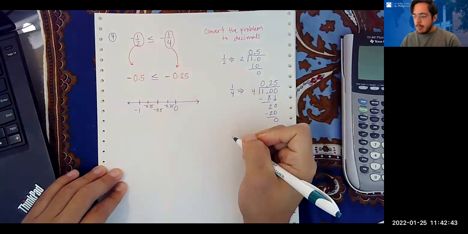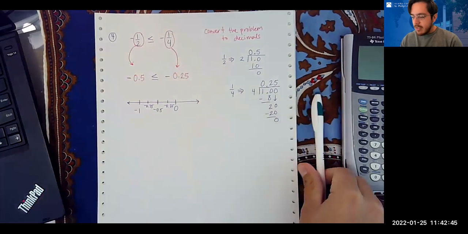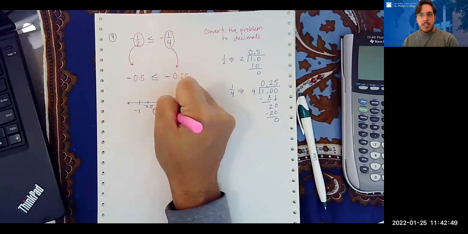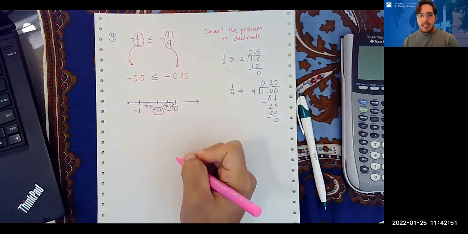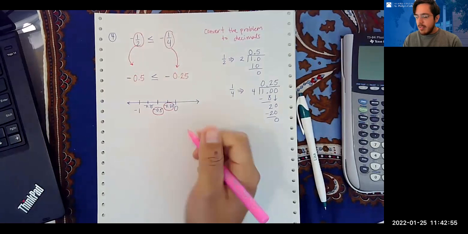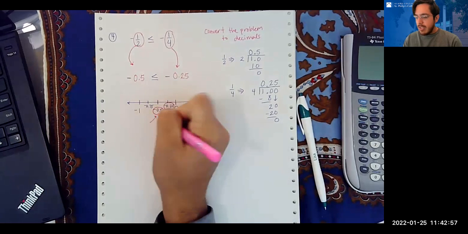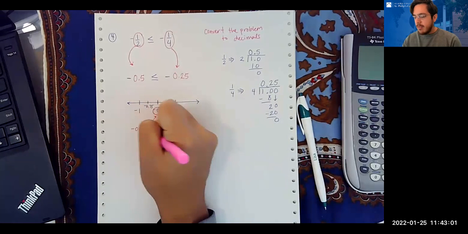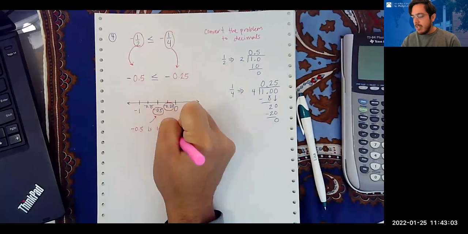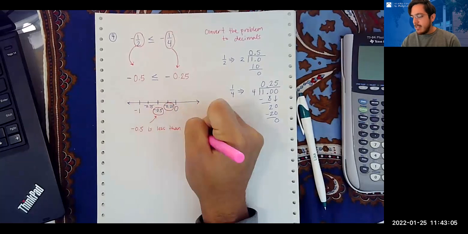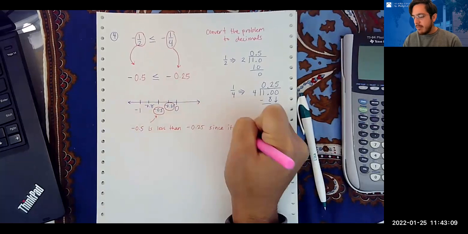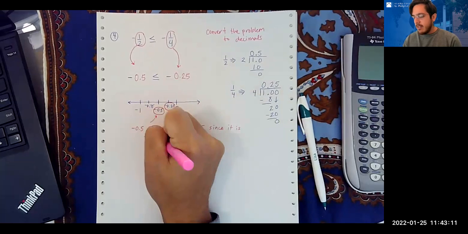So the two numbers that we're comparing are this one and this one. The smaller one should be on the left. So that means that negative 0.5 is less than negative 0.25 since it is to the left of negative 0.25.